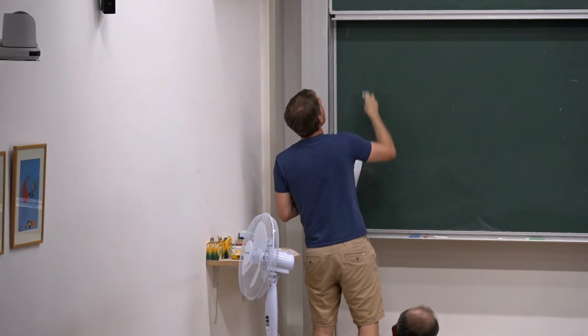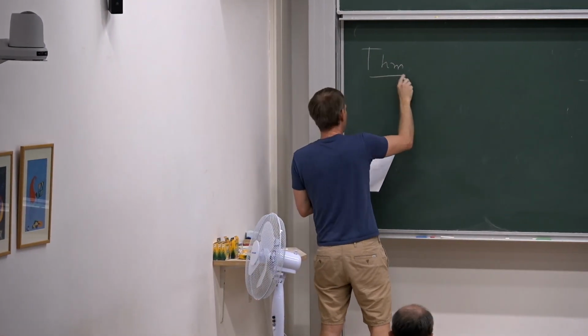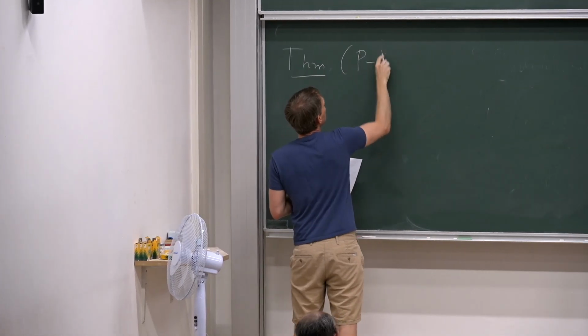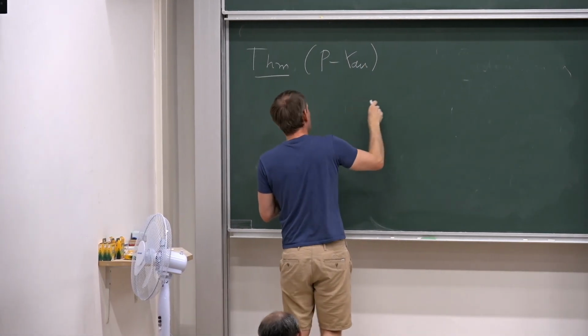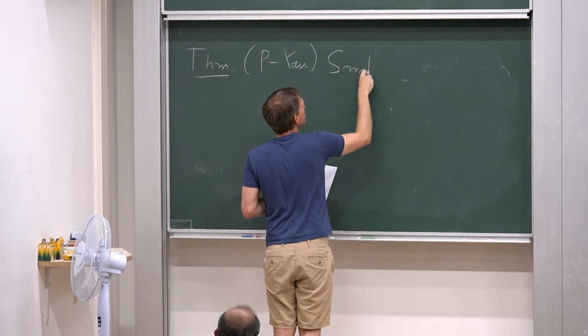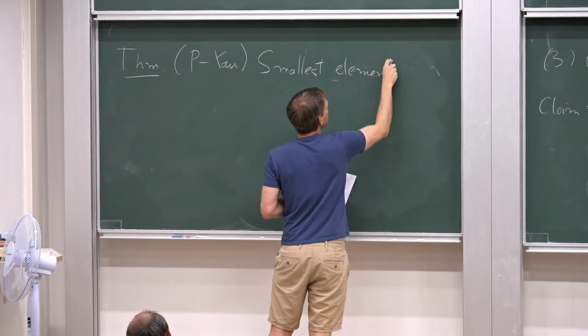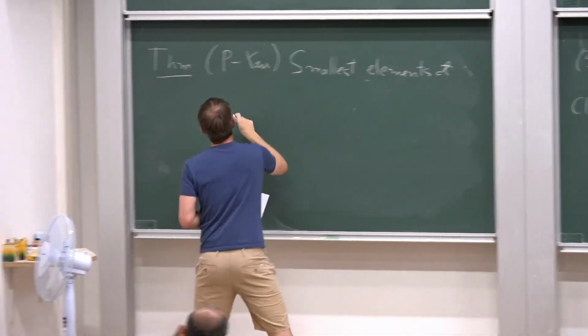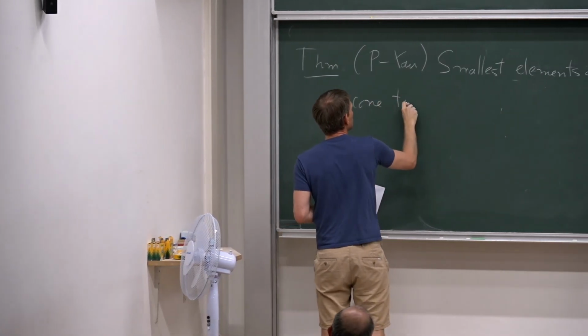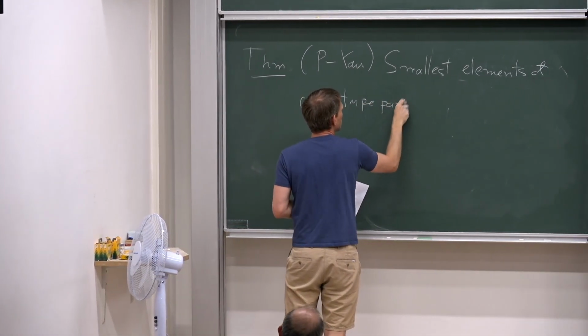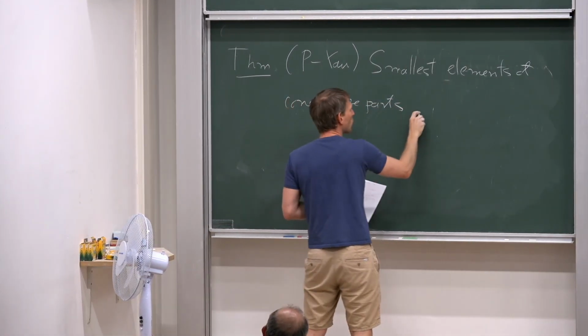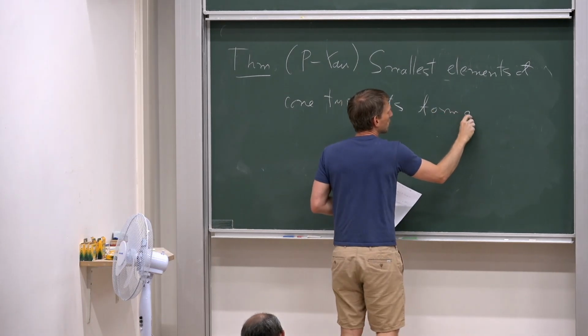And in fact, okay, so this is the theorem that we proved together. If you look at the set consisting of all the smallest elements of cone type parts, they form a Garside shadow.